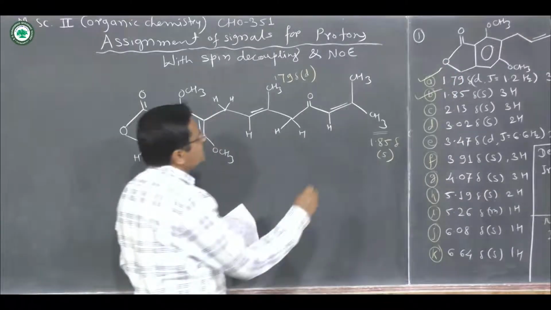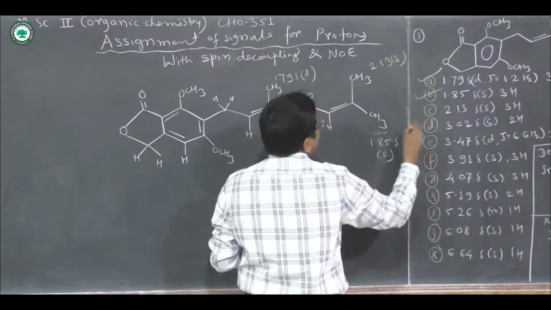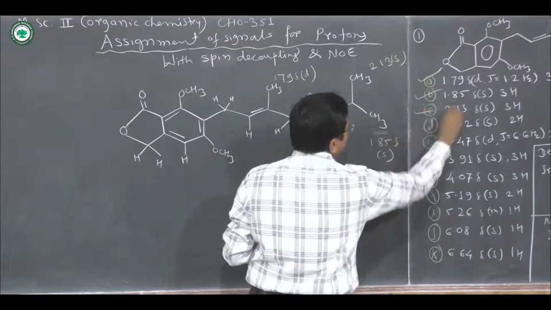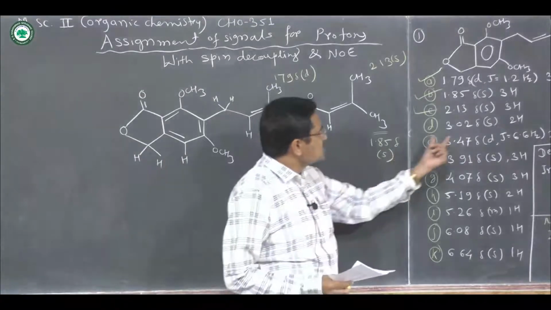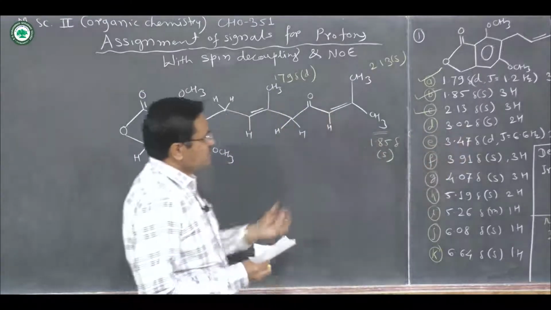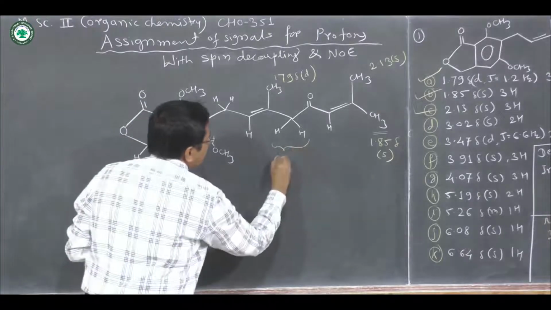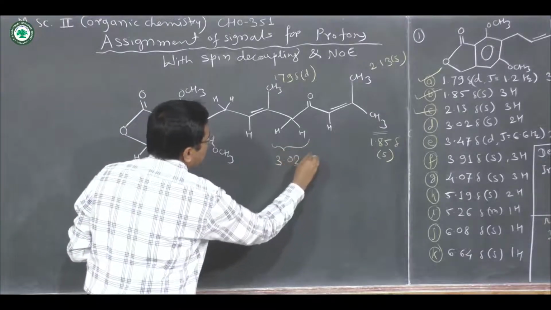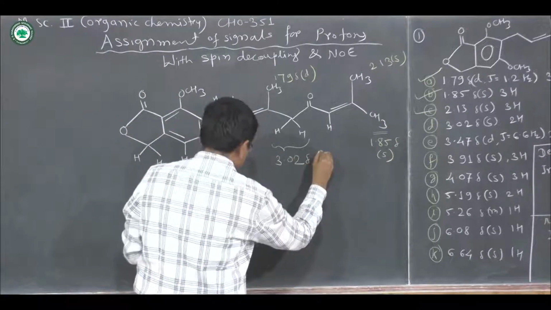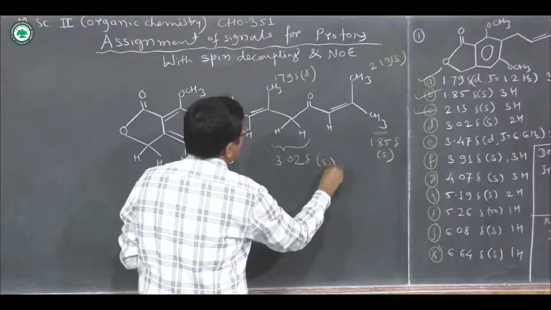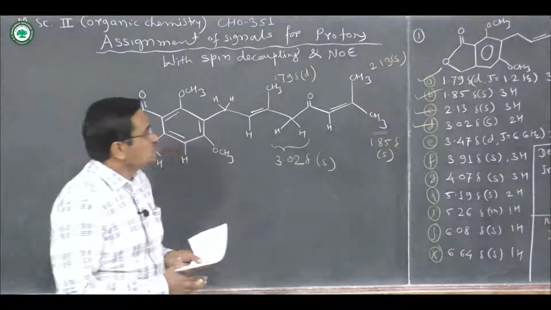Then 2.13 is again a singlet. Then 3.02 delta value is also a singlet, for 2 protons.